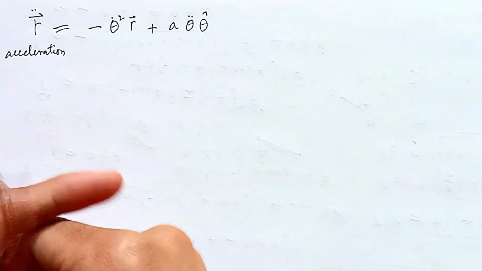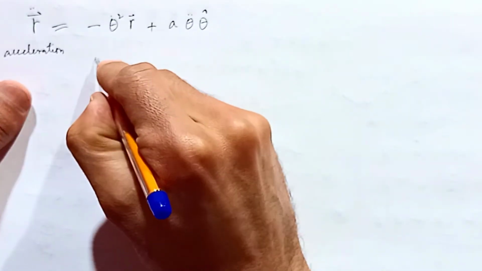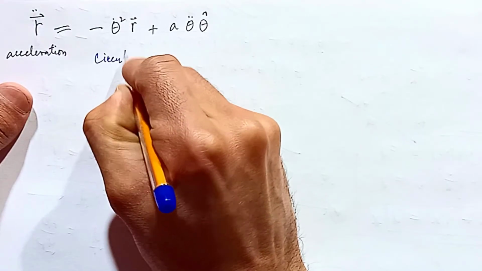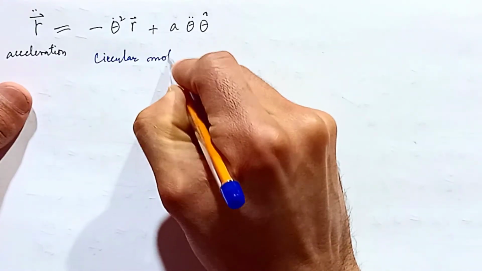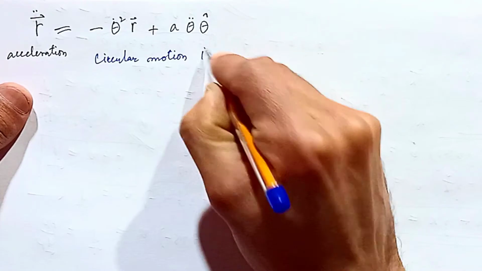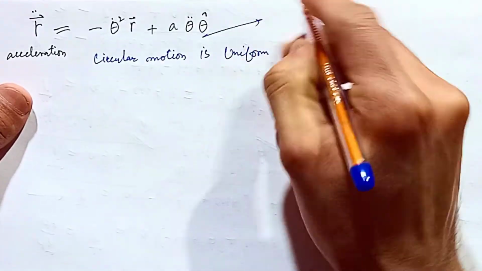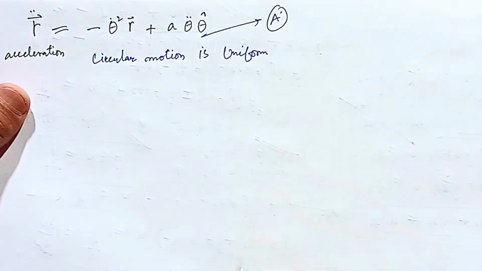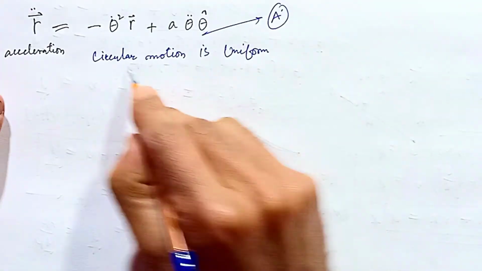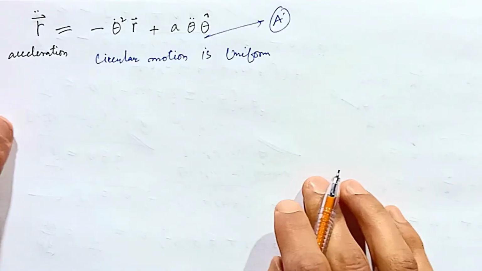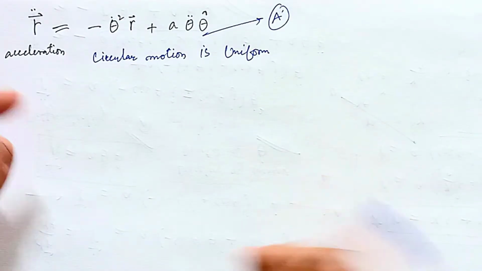So considering that the circular motion is uniform, this is, say, equation A prime. So consider the case that circular motion is uniform. What will we get?